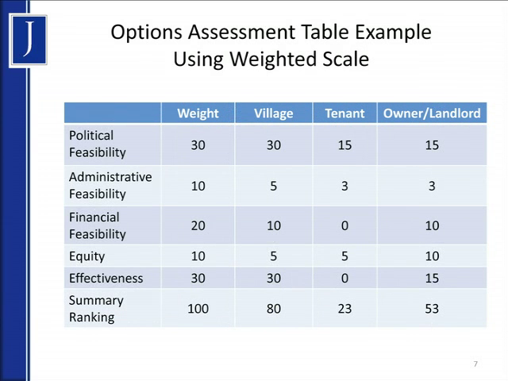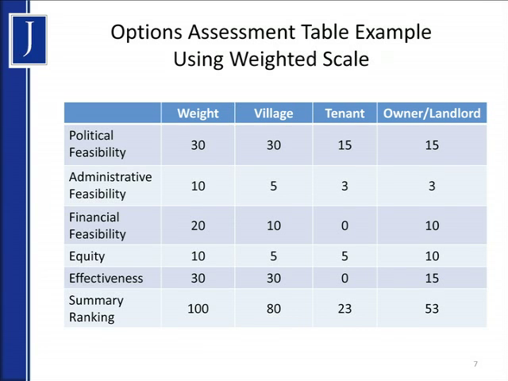Here's a third example that is doing options assessment using a weighted scale. In this approach, the number of points that are assigned for a particular row varies according to the level of importance of the criteria. So in this analysis, equity is considered less important than political feasibility or effectiveness.